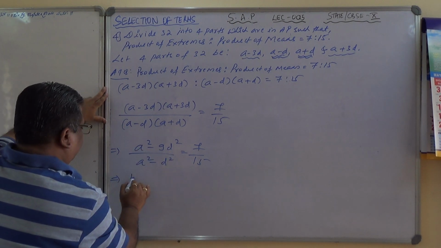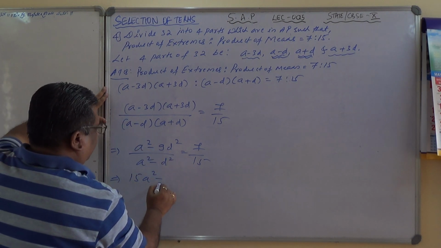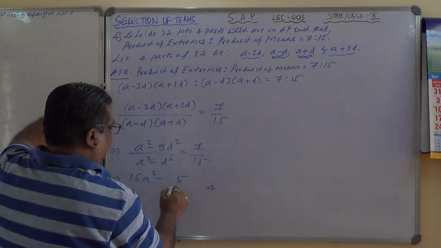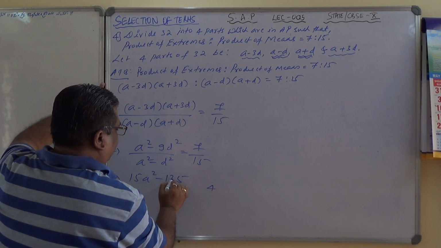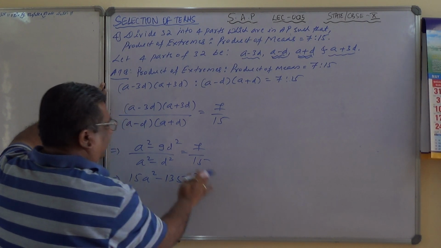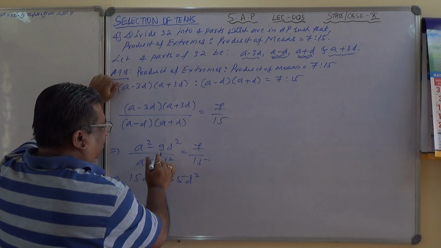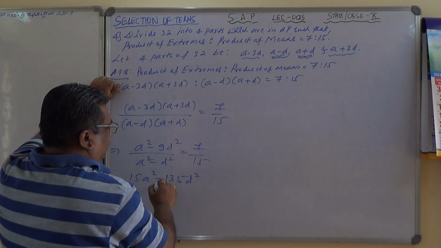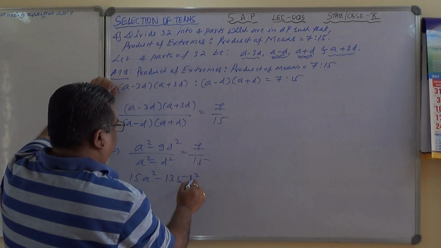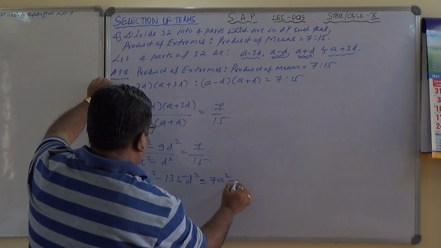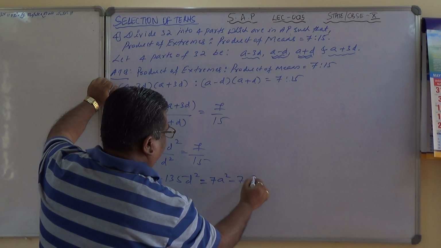Cross multiply: 15A square minus 135D square equals 7A square minus 7D square.